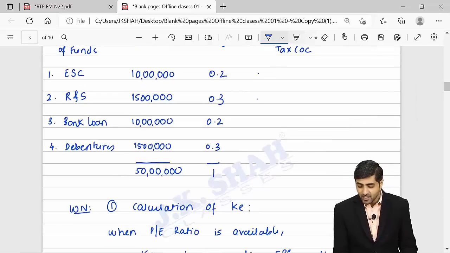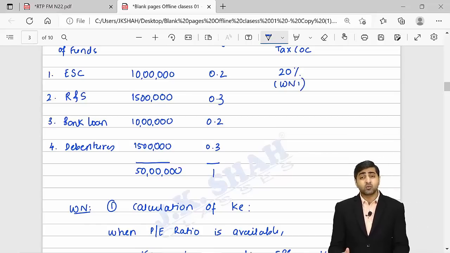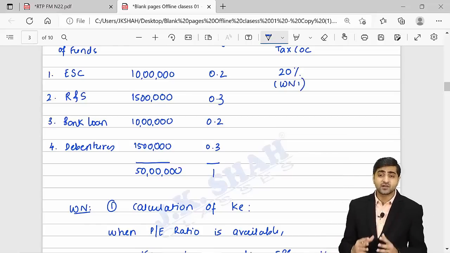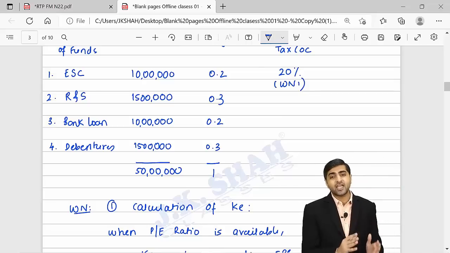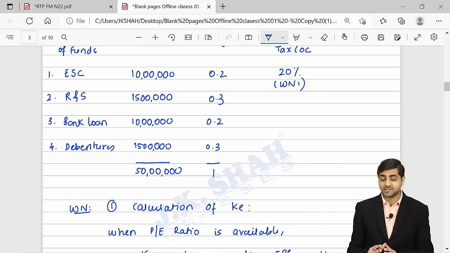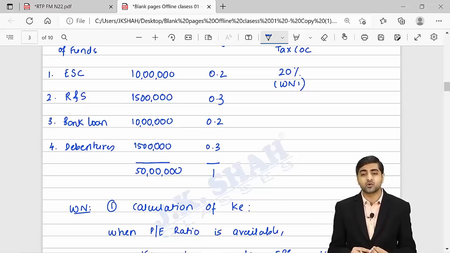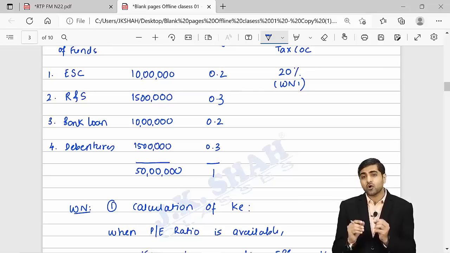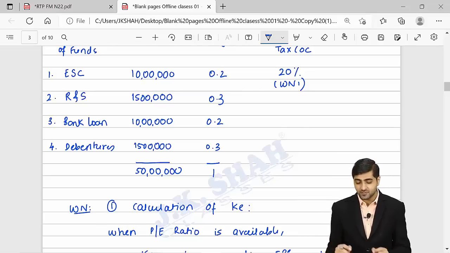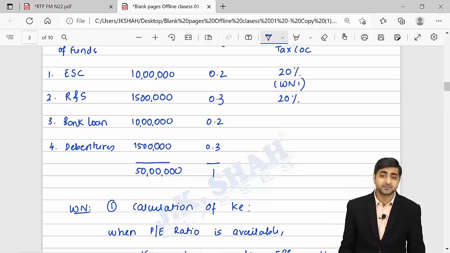So I have my working note number 1, which helps me calculate your KE, which is 20%. But what about KR, cost of reserves and surplus? Your KE and KR both are going to be the same. Reserves and surplus also belong to your equity shareholders. So your cost of equity and cost of reserves and surplus here is going to be the same, that is 20%.